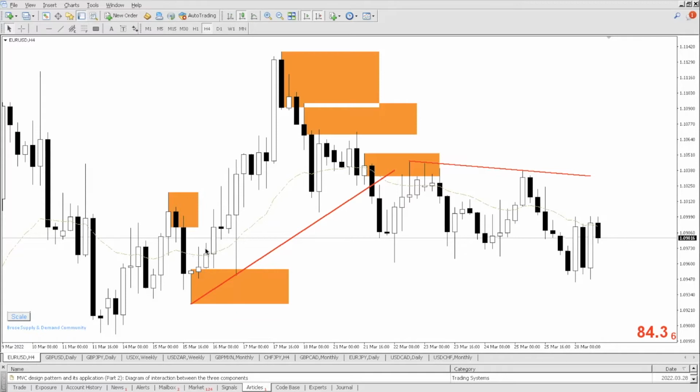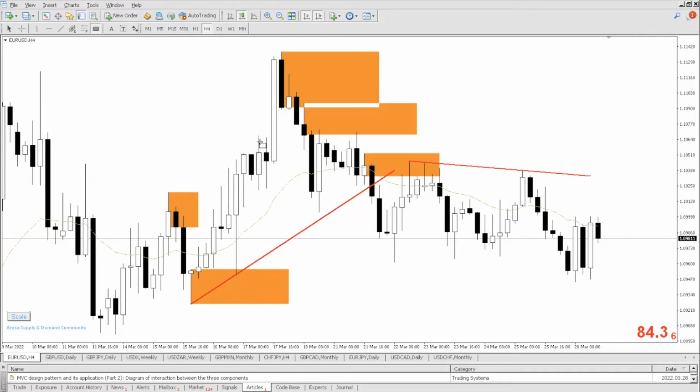And then what happened after that? You set your limit order here, and then price will come down to test that area that took out this zone, which was a higher high, and then after that price went up, which means this area is called a demand area. Okay, it was nicely tested.